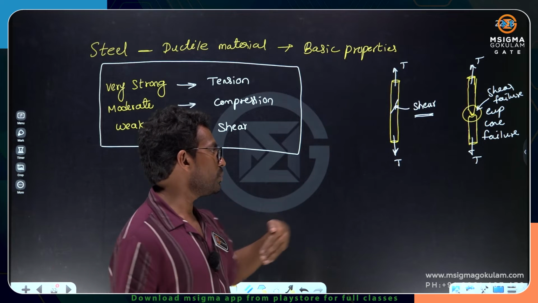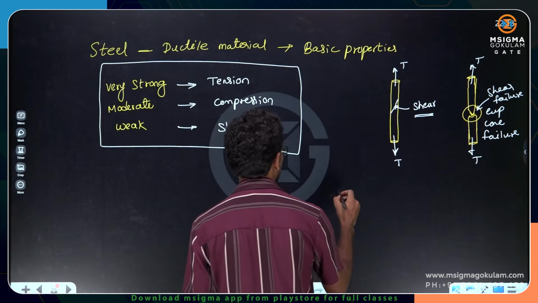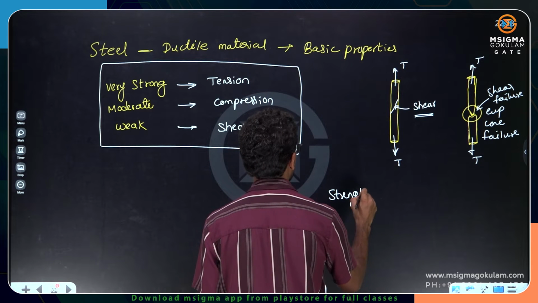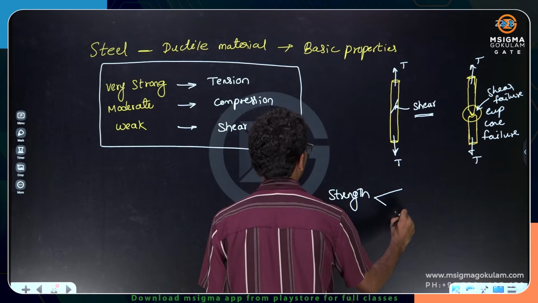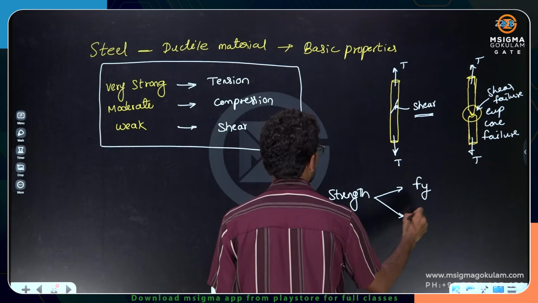We have two kinds of strengths for a material: one is the yield strength Fy, and another one is the ultimate strength.